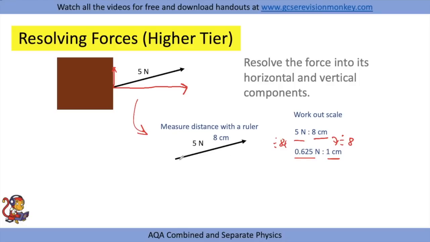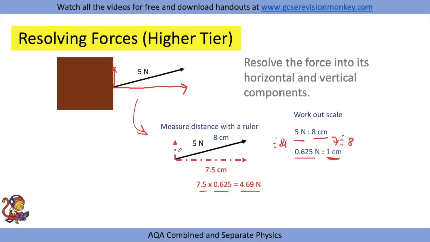You can then draw an accurate horizontal line along the bottom, measure the length of this line, for example 7.5 centimetres, and use the scale to calculate the force. So we multiply each centimetre by 0.625. So 7.5 times 0.625 would give you a force of 4.69 newtons.